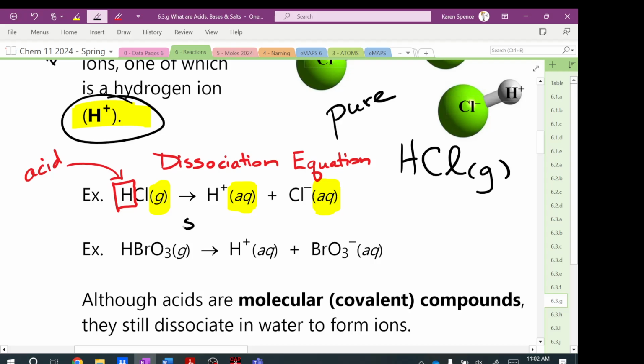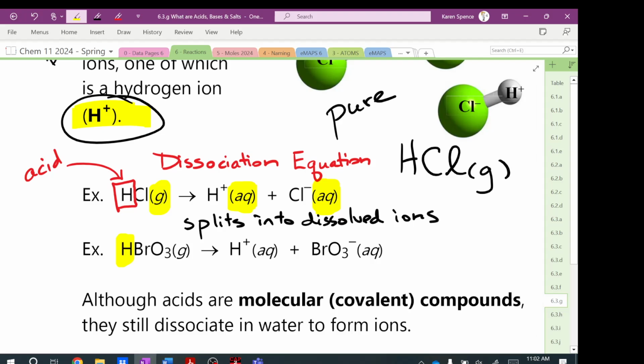So the HCl splits into dissolved ions. And you can do that with any acid formula. So if you have HBrO3, it splits up into H+ and BrO3-.